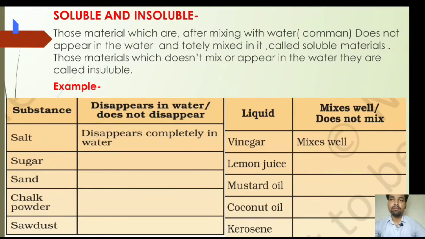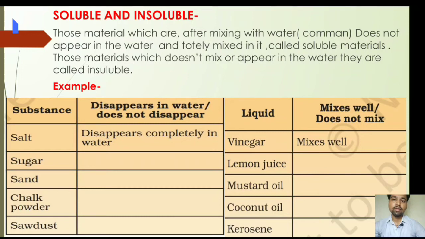Friends, the third important characteristic is solubility and insolubility. Friends, in a common manner, those materials which after mixing with the water do not appear in the water and lose their existence in the water are called soluble materials.